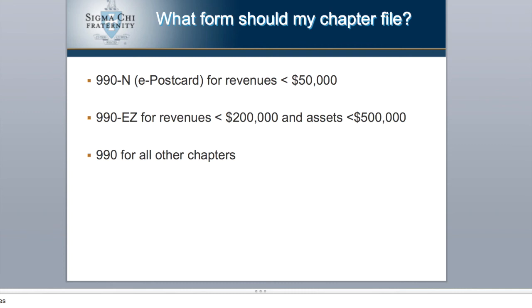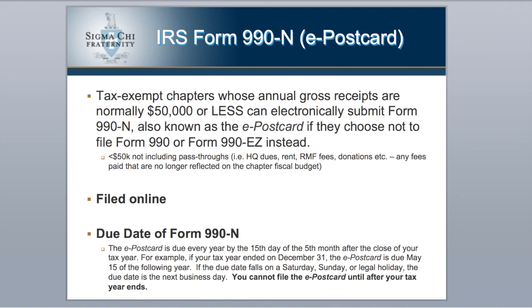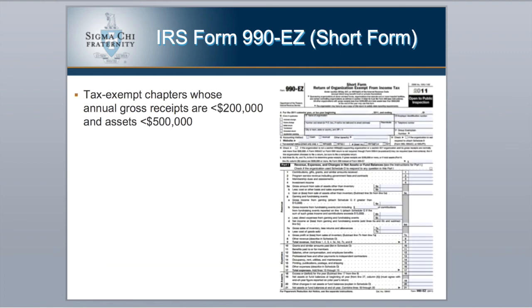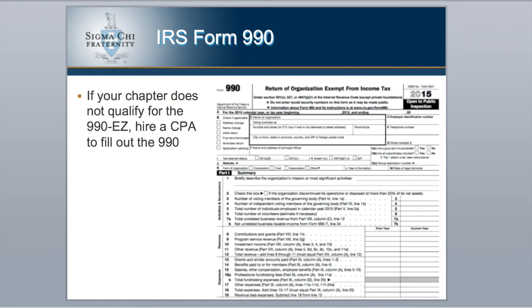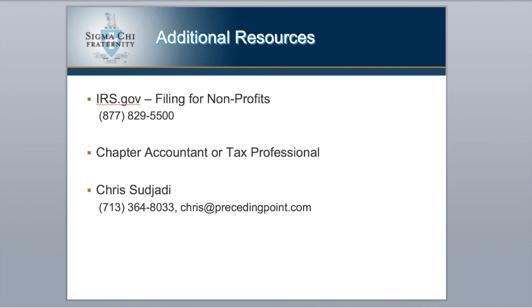an overview of what type of form your chapter should use, whether IRS Form 990N, IRS Form 990EZ, IRS Form 990, or for Canadian chapters, Form T1044. There's also additional resources such as the number for irs.gov for information on how to file for nonprofits.